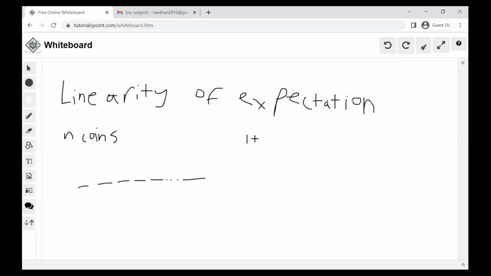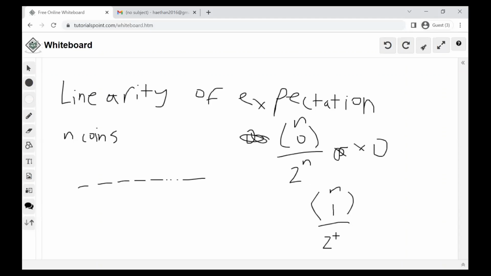So we could consider the probability that a sequence of n coins has 0 heads, which would be n choose 0 over 2 to the n, times 0 when we compute the expected value, or if it has 1 head, times 1, and so on. We can keep doing this for 0, 1, all the way through n, right?